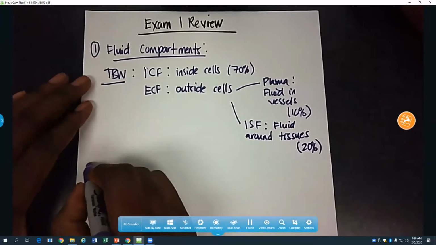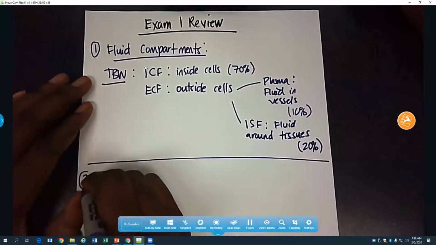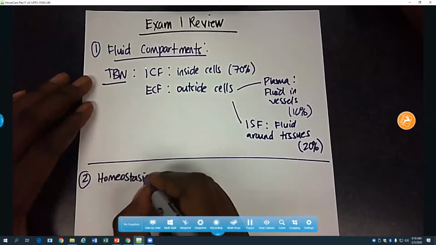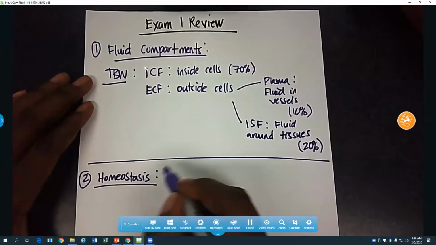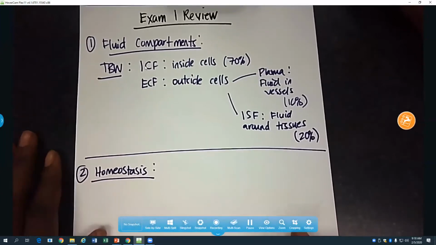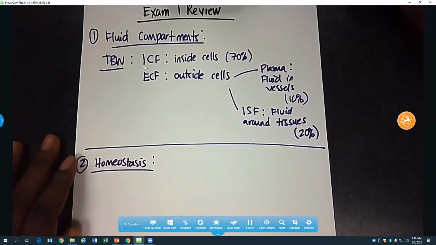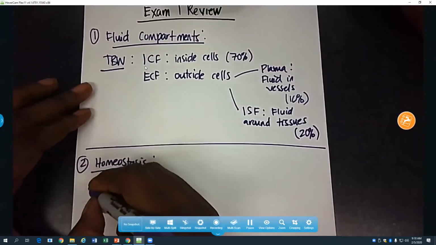The next thing we spoke about was homeostasis. And for homeostasis, we spoke about the whole loop of events. We talked about the set point, the players such as sensors, detectors, the integrating centers. I'm not going to go through the entire loop of events, but I'm going to talk about the two important concepts that kind of came out of that.